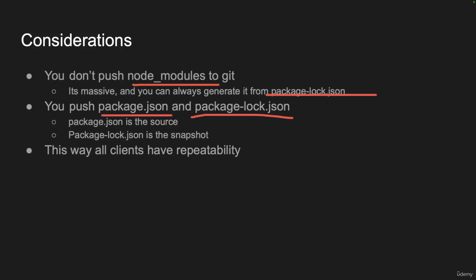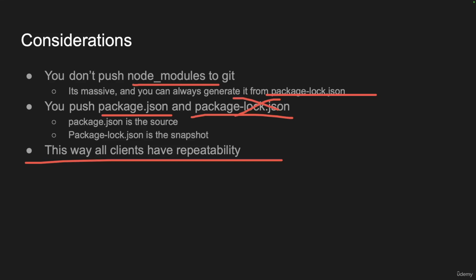Yeah, we talked about that. You need to push package.json and package-lock.json if you want consistency. If you don't care about consistency, don't push these. You don't have to. This way, all clients have repeatability, right? Otherwise, you don't get that. Ideally, you also want to push a Docker image, or rather the Dockerfile, that gives you the exact node version to use.